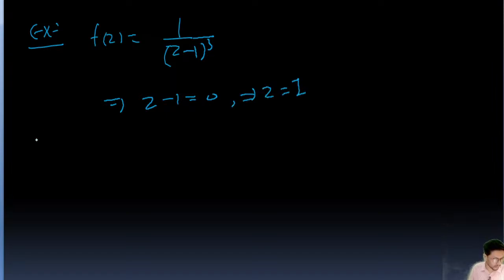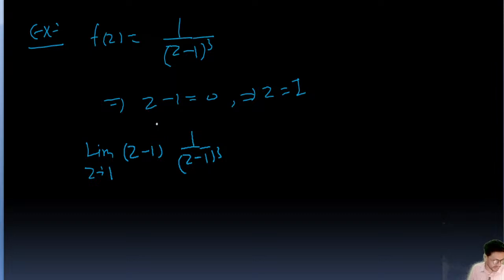Now we'll use this method: limit z tends to 1 of (z minus 1) times 1 upon (z minus 1) cube.